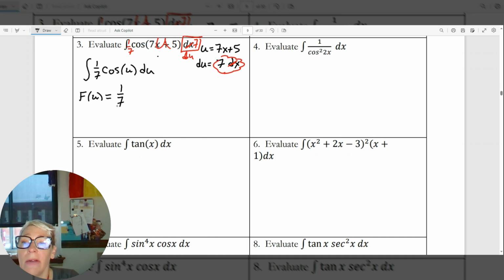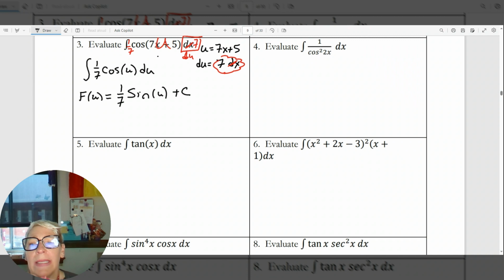Constant multiplier of a 7th. The antiderivative of cosine. So the derivative of sine is cosine. So the antiderivative of cosine is sine of u plus c.